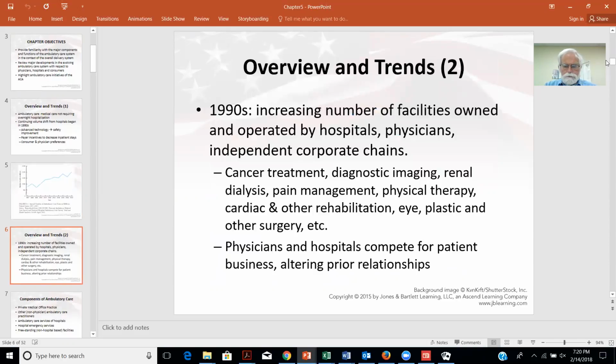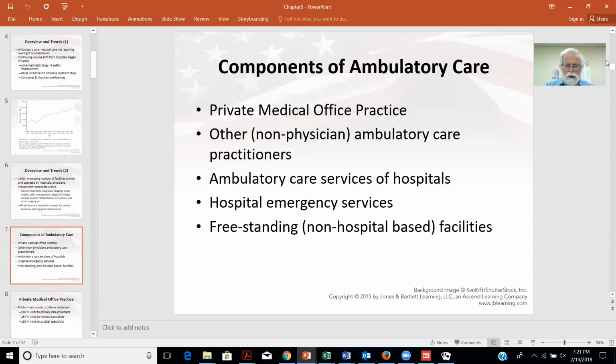Hospitals did a lot of care for a long time for a lot of complicated things: anything involving surgery, cancer treatments, imaging, dialysis, and many other procedures used to be taken care of in hospitals. Now many of them are being done in private medical practice, ambulatory.